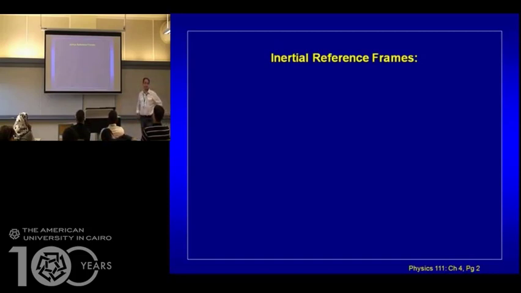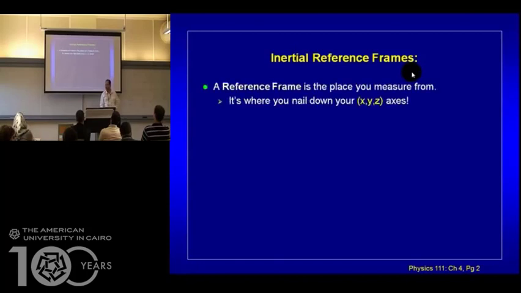And that coordinate system has to be either at rest, not moving, or moving with a constant speed. If that frame is accelerating, we cannot call it an inertial reference frame. So only an IRF is a frame that's either at rest or moving with a constant speed. This is the definition of an inertial reference frame.